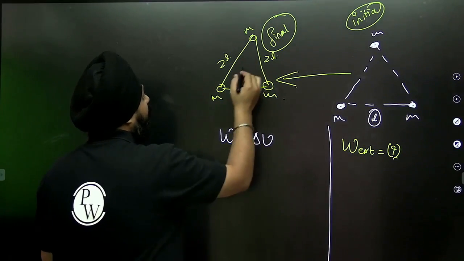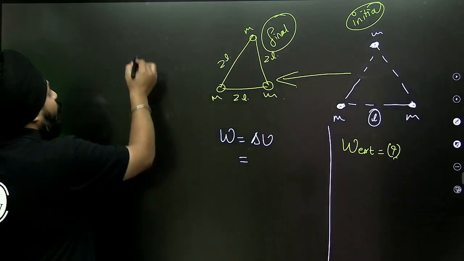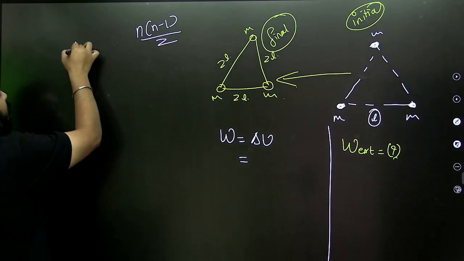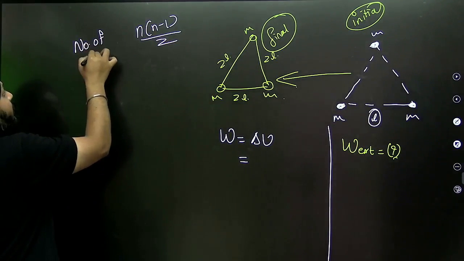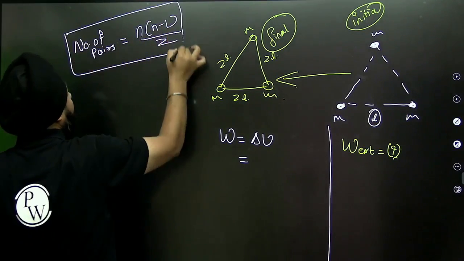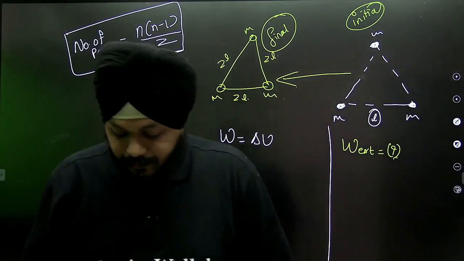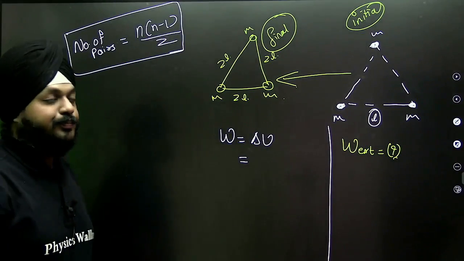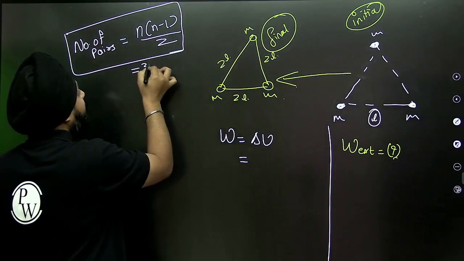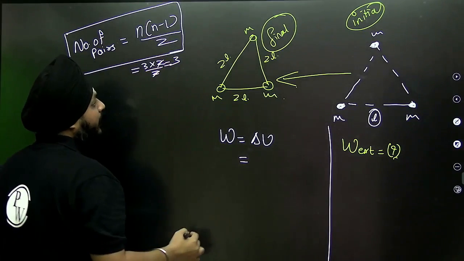If we have a system of masses, then we need to calculate the number of pairs of gravitational potential energy by this formula. Number of pairs: 3 particles are there, so it's 3 into 2 by 2, so 3 pairs of potential energy will be there.